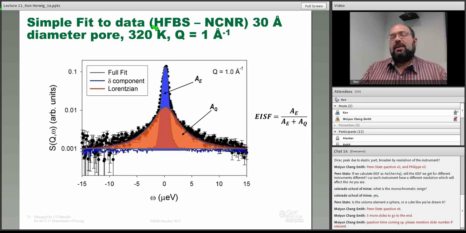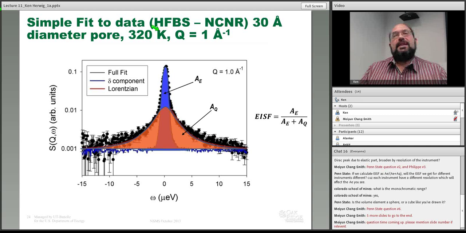Often, though, if you only have a single dynamical process that decays exponentially in time, then a Lorentzian will capture that intensity, and very often it is enough. But if you have more than a single process happening, like two different populations of atoms in your system, and they're doing two different types of motion, then you might need two Lorentzians.